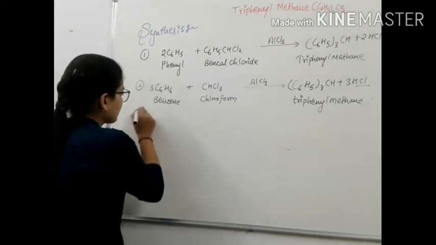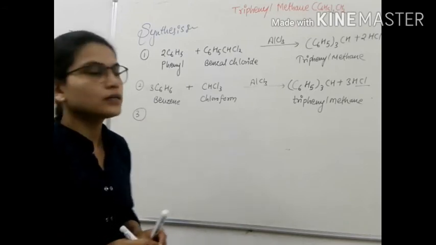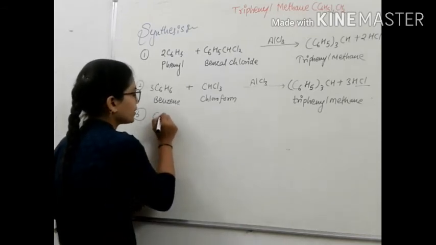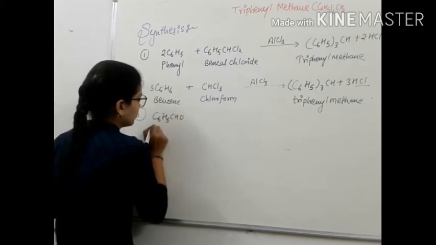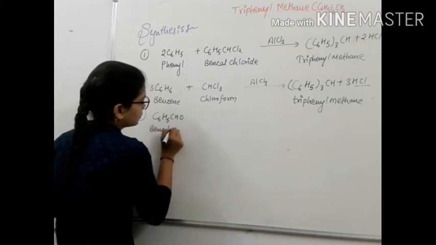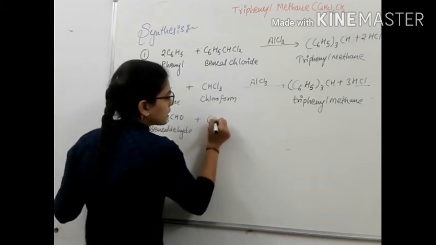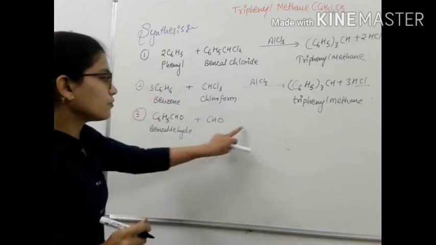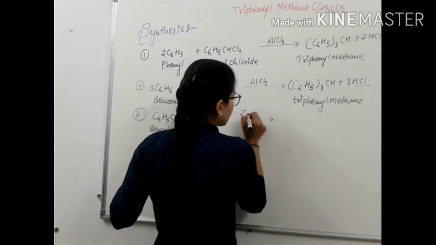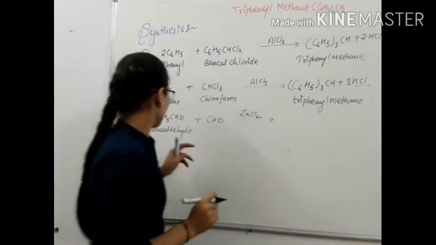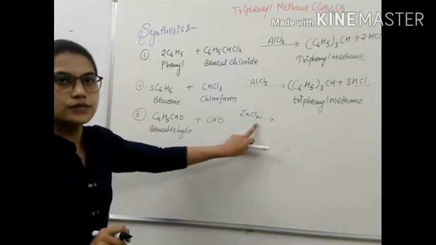The third method is when benzaldehyde reacts. This is the structure of benzaldehyde, C6H5CHO. Benzaldehyde reacts with benzene in the presence of zinc chloride.